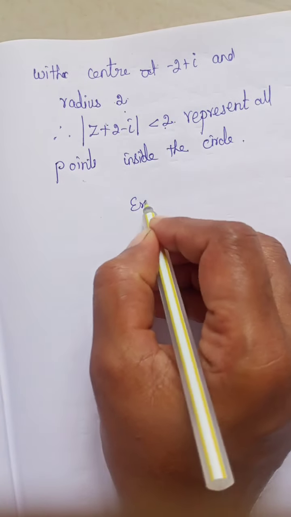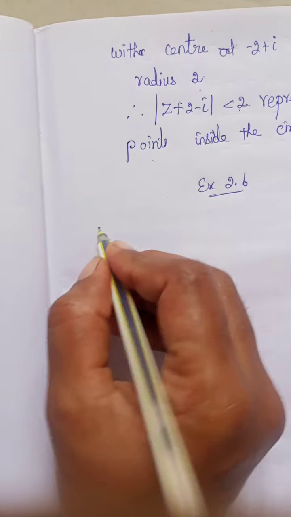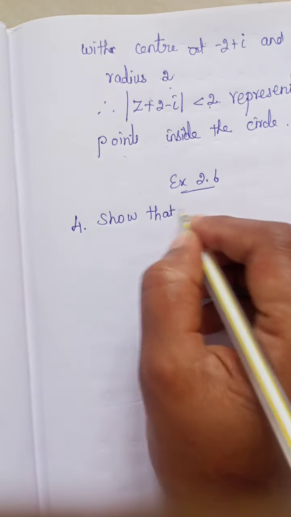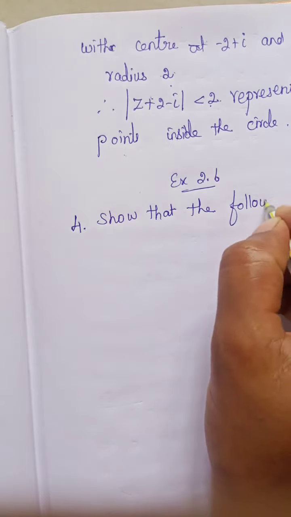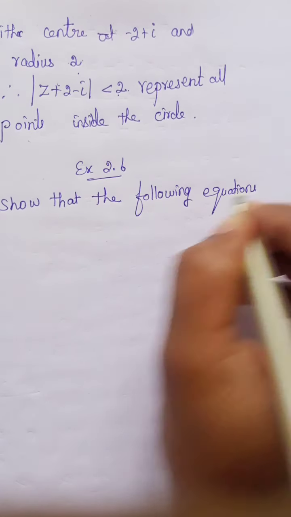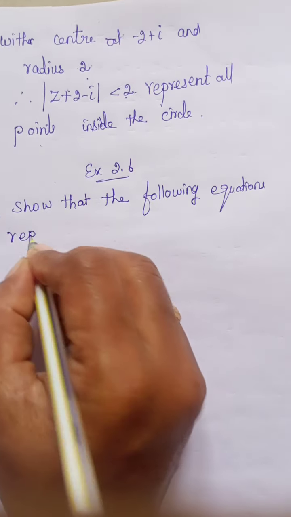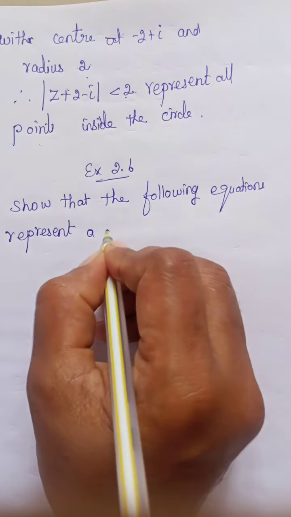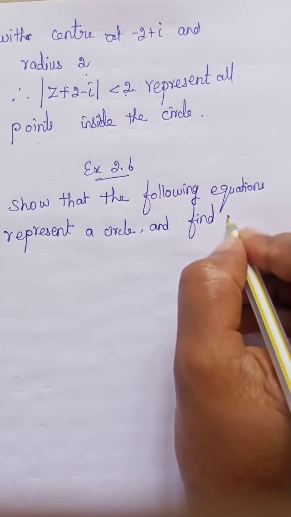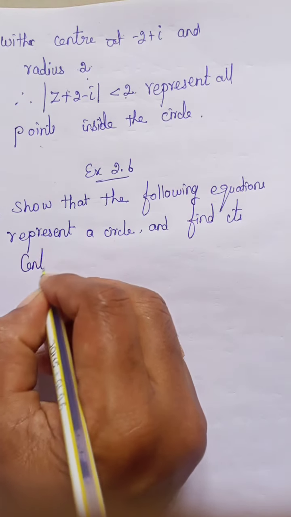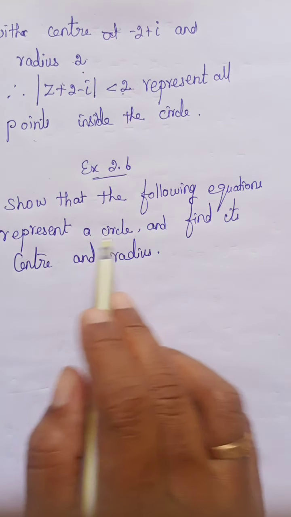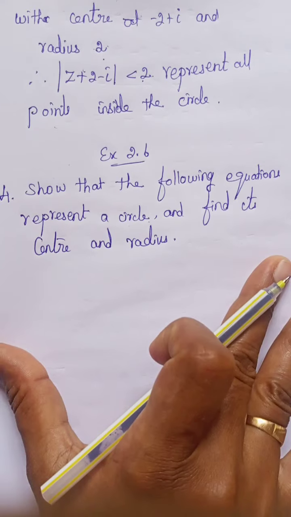Now exercise 2.6, problem number 4. Show that the following equations represent a circle and find its center and radius.